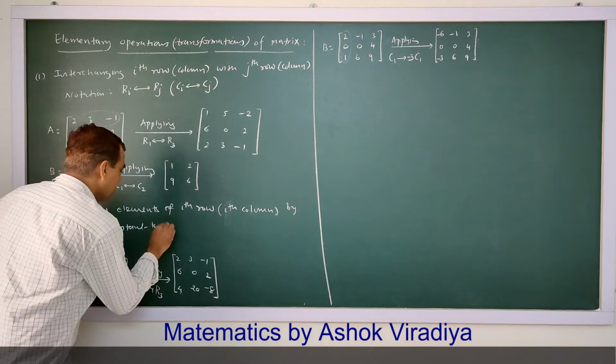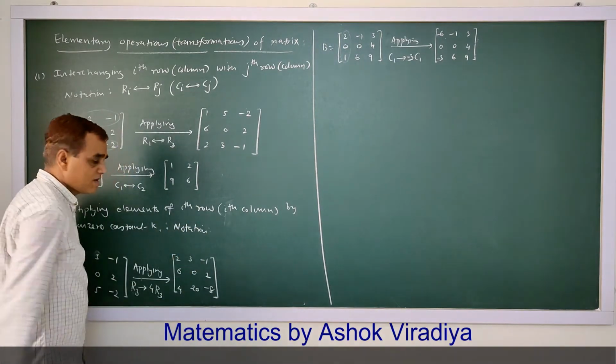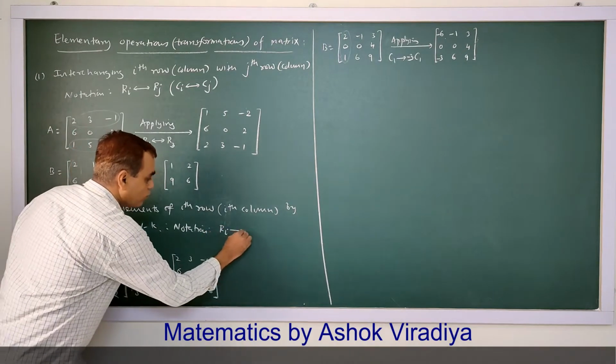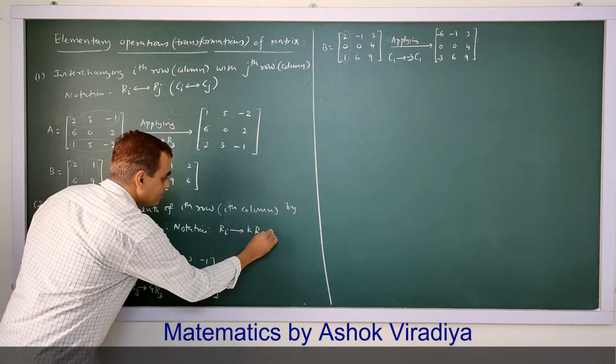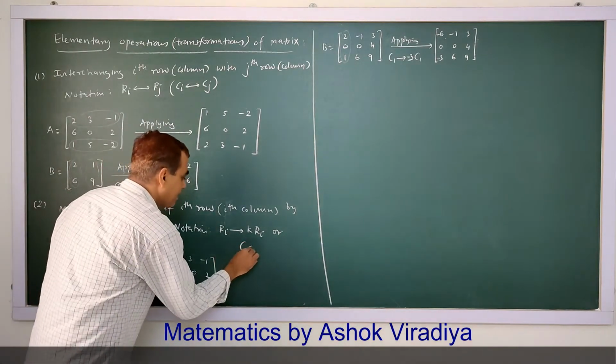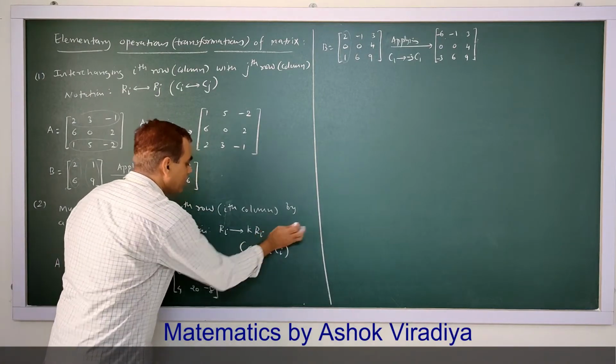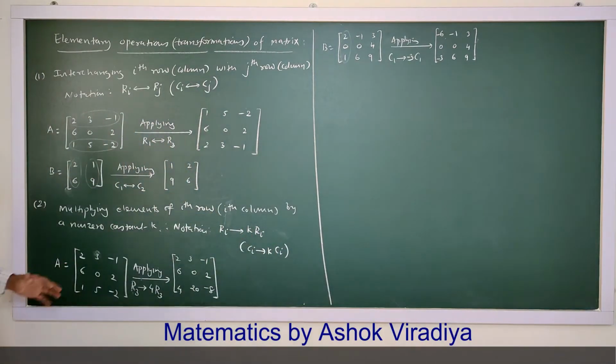So the notation is multiplying ith row by k or multiplying ith column by k. So this is the symbol which we are using.